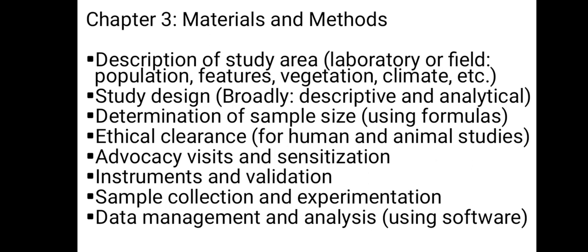The third is determination of your sample size, if you are using samples from humans. And then the ethical clearance, advocacy visit and sensitization, instruments and validation, then sample collections and experimentation, and then data management and analysis. Let's take them one after another.